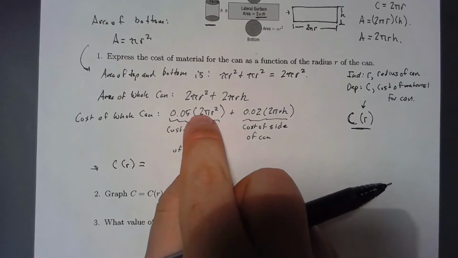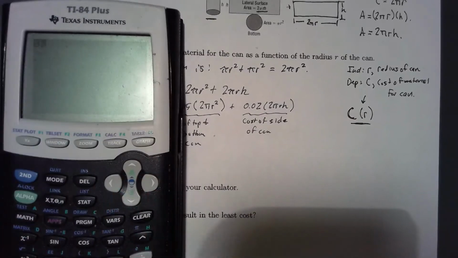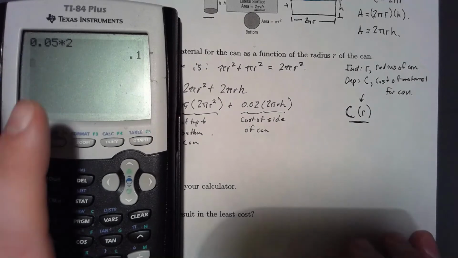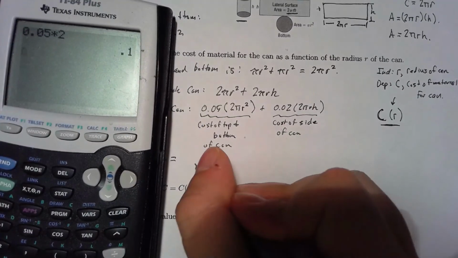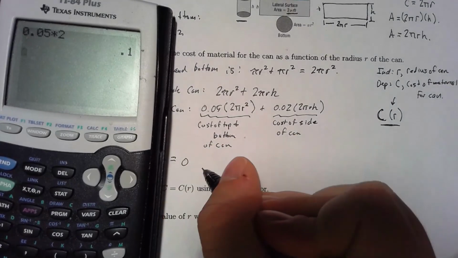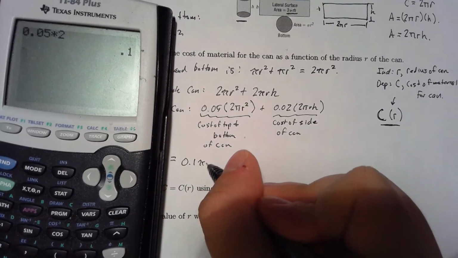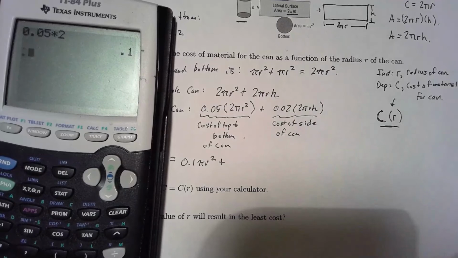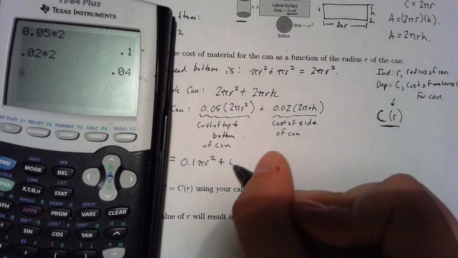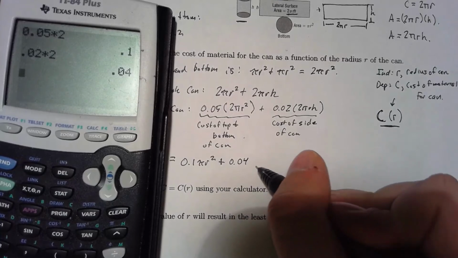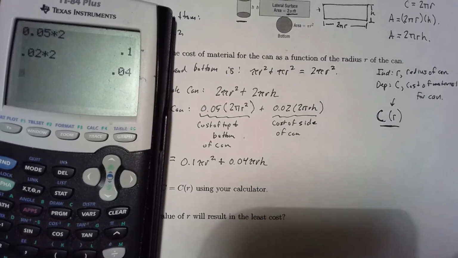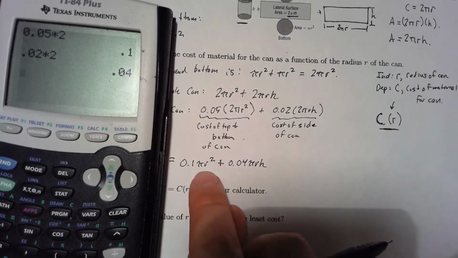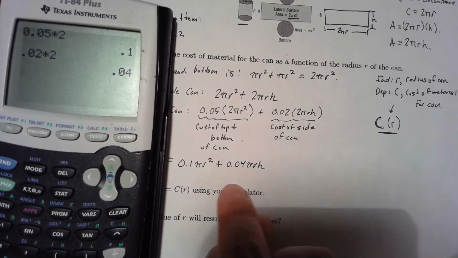So 0.05 times 2 is 0.1, so I'm going to get 0.1 times pi r squared plus 0.02 times 2 is 0.04 times pi rh. I just multiplied 0.05 times 2 and 0.02 times 2 to make that look nicer.